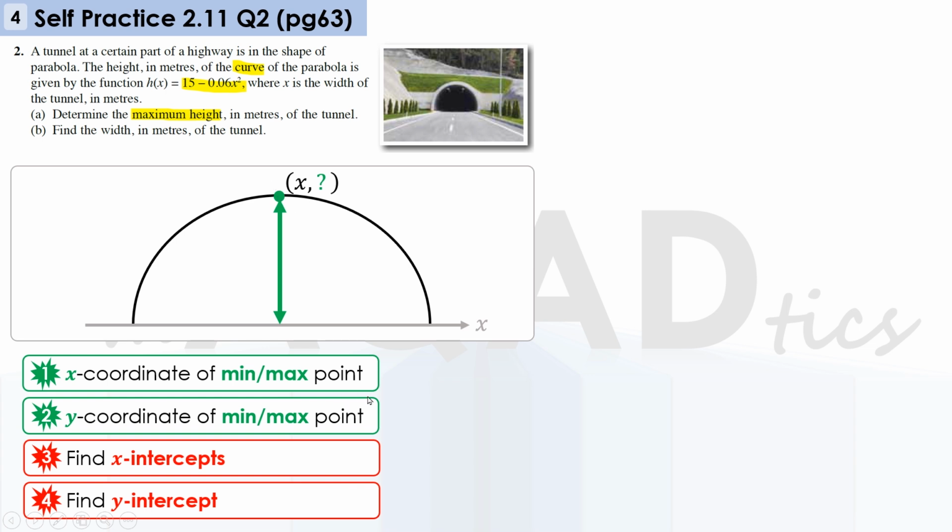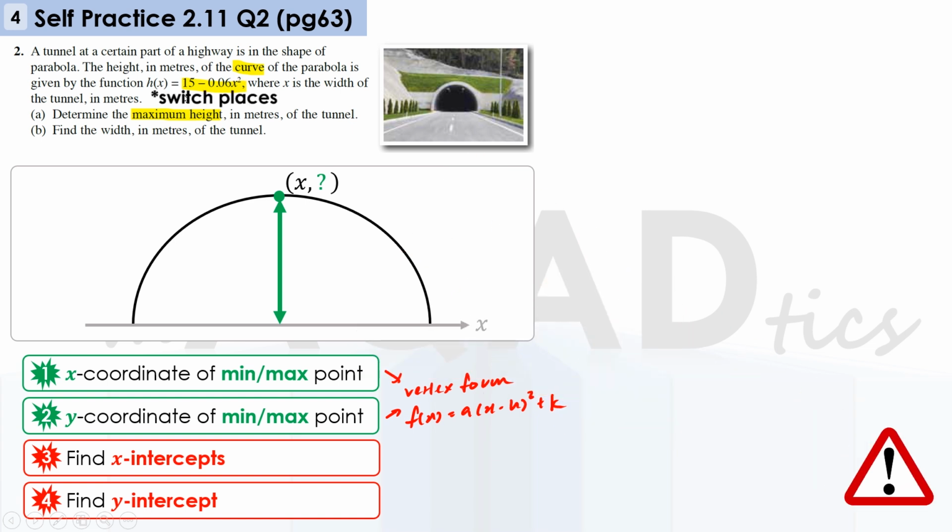So to find the maximum point, what we need is the vertex form of the equation first, which is a(x - h)² + k. If we look at the function given here, let's switch the places a bit because the x squared is at the back, so let's move it in front.